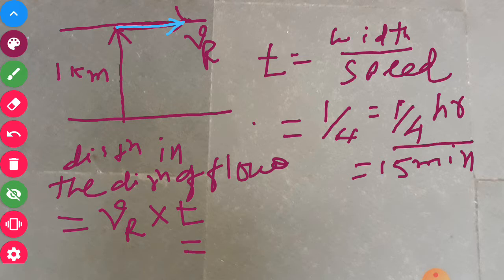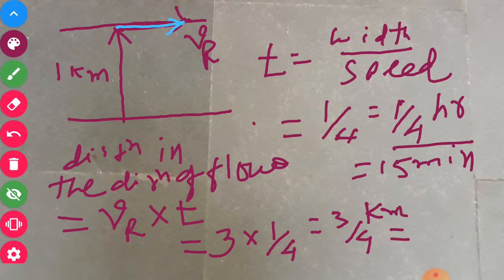So velocity of river is 3 kilometer per hour, and he reaches in 1 by 4 hour, so it becomes 3 by 4 kilometer. In meter, you multiply it by 1000, so this becomes 750 meter. So he travels 750 meter down in the direction of the flow.